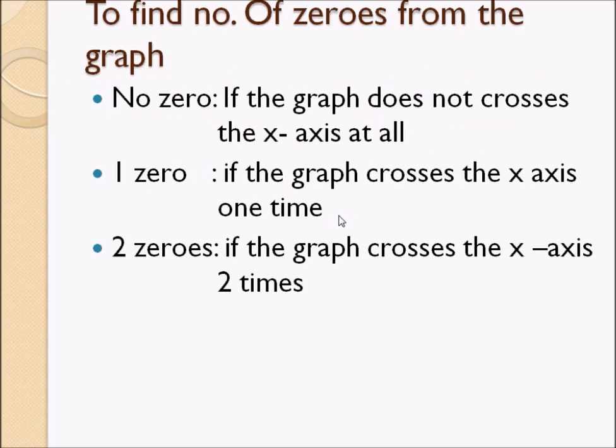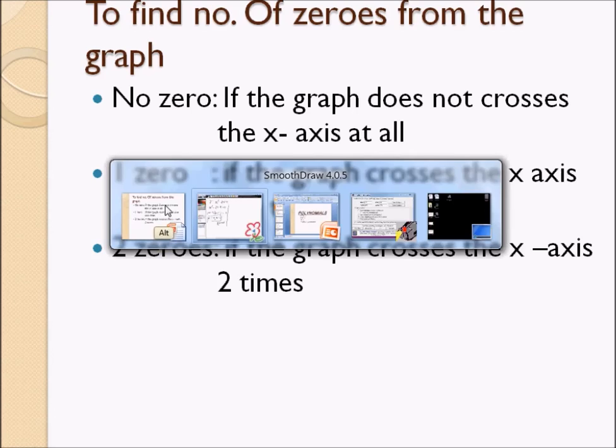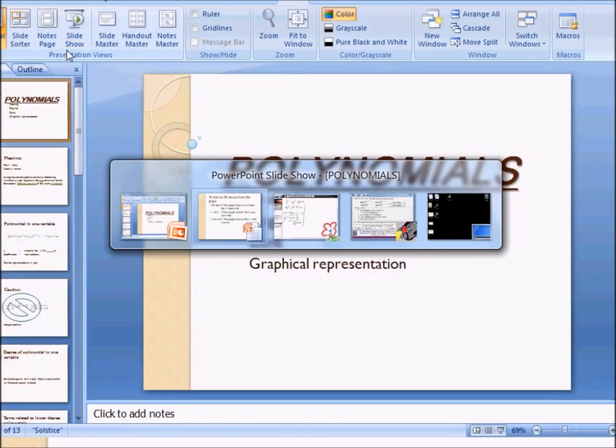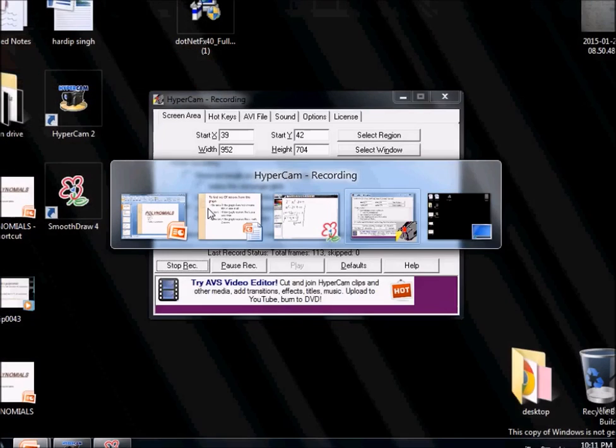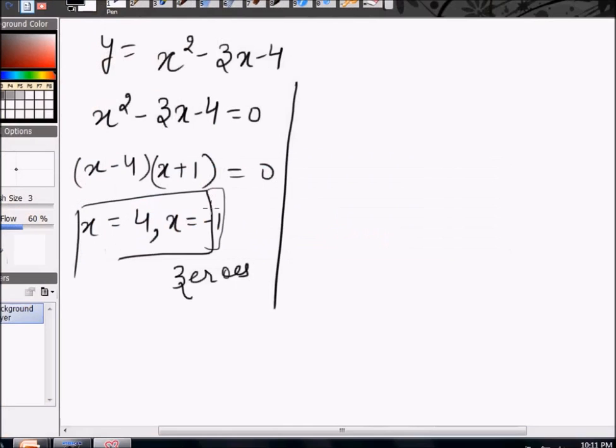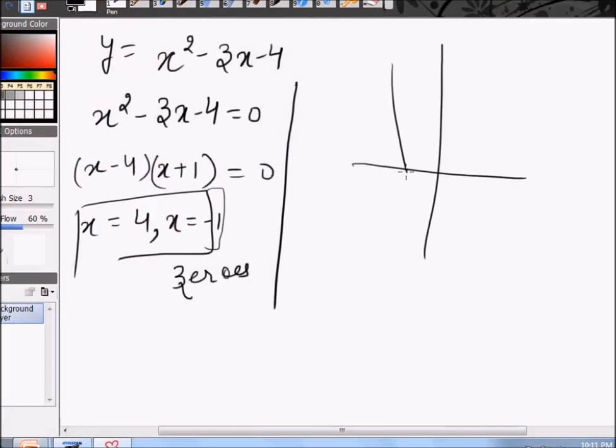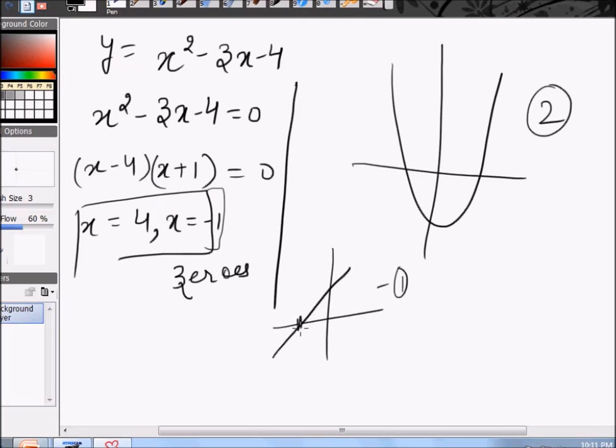Now, let us know how we can find the number of zeros from the graph. See, the two graphs we studied were 1 and 2. This was the zero of the first graph, and these two were the zeros of the second graph.